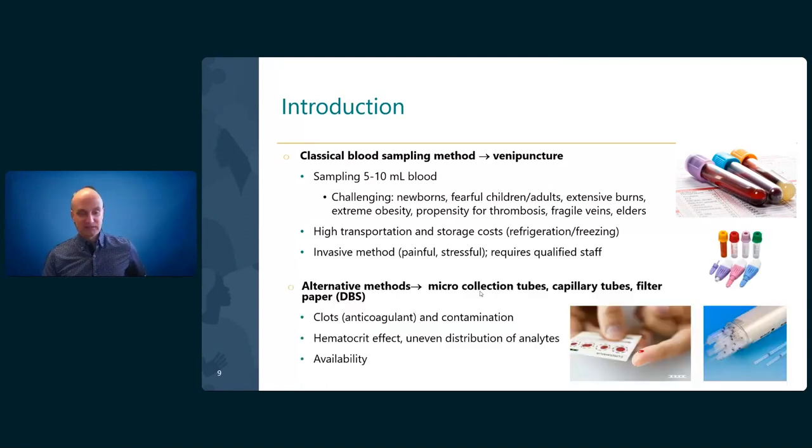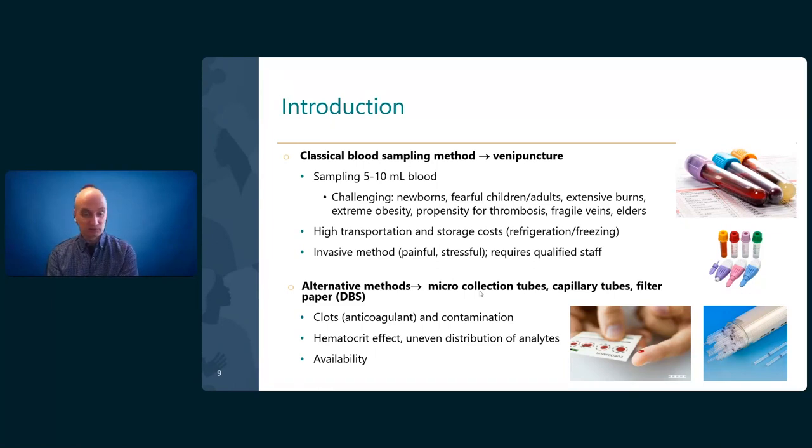As an alternative method to venipuncture, we do have micro collection tubes, capillary tubes, as well as filter paper, dry blood spot, also known as DBS. All these alternatives suffer from different inconveniences like clots or anticoagulants. Clots because of the lack of anticoagulants in this kind of device.